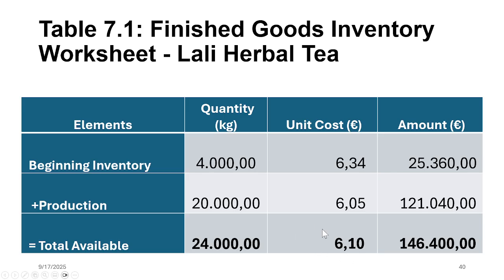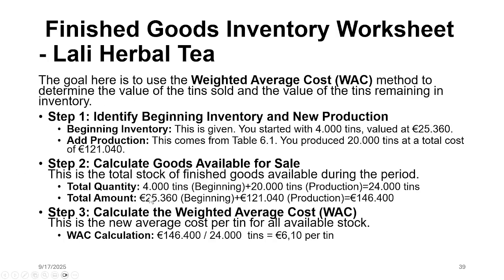So you have a finished goods inventory cost for one tin of Lily Herbal Tea available for sale of 6.1 euro. Okay. So here is showing you how to calculate this and how to make it.